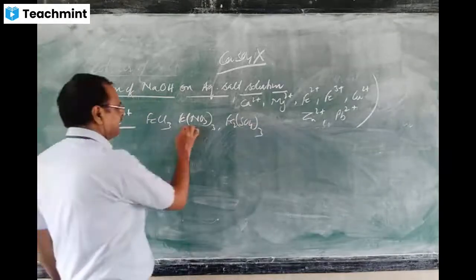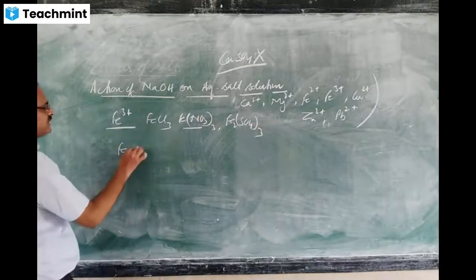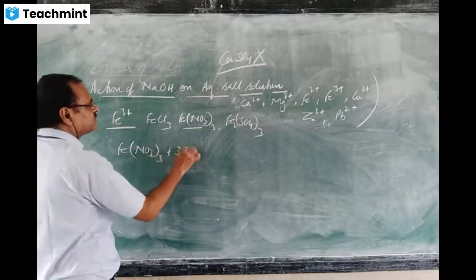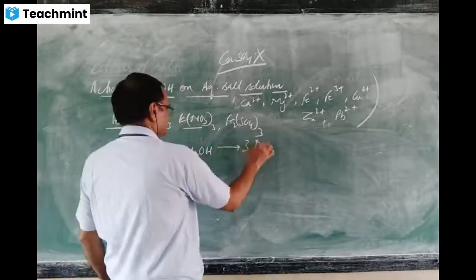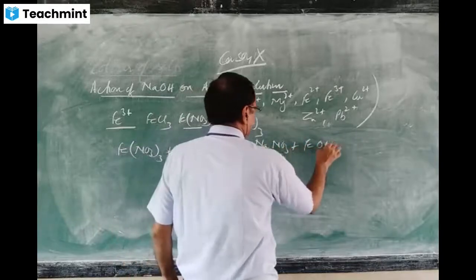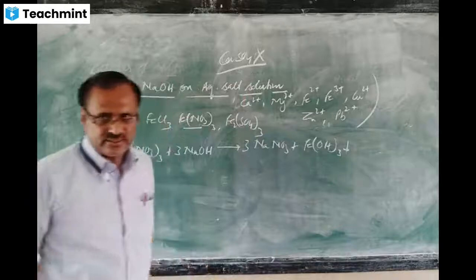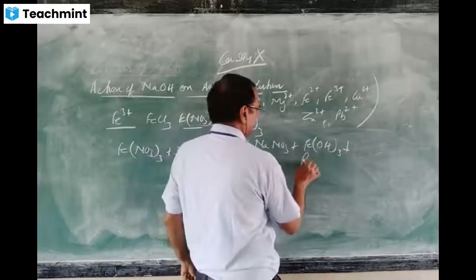So now we can take ferric nitrate. This ferric nitrate reacts with sodium hydroxide. This will form sodium nitrate and ferric hydroxide. What is the color of this ferric hydroxide? Reddish brown precipitate.